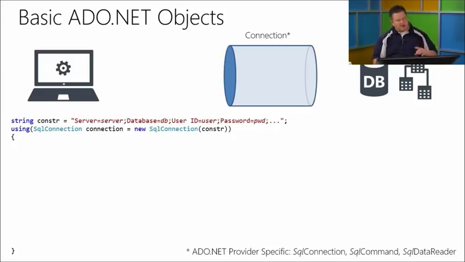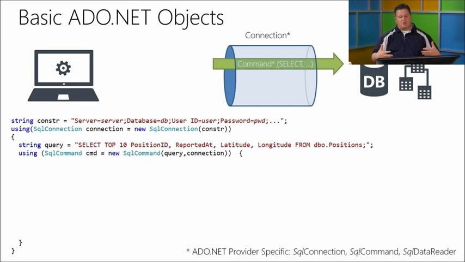All right, so at this point, I've got a connection object defined, but that doesn't mean that I actually have the connection open yet. Right? We'll get to that. So the next thing that I'm going to want to do through that connection is submit some statement. Right? This could be a select statement. They could be inserts, updates, deletes. Stored procedure executions. Whatever.